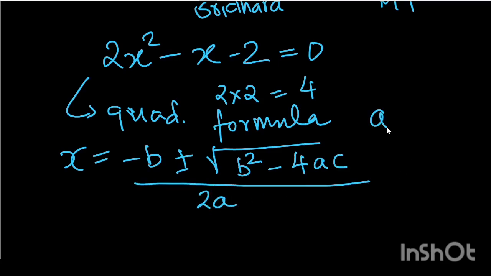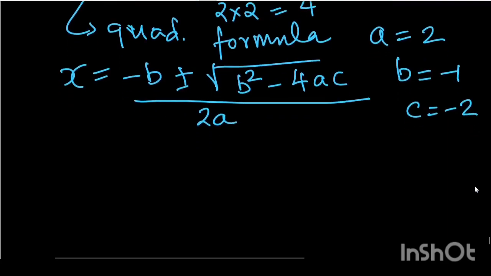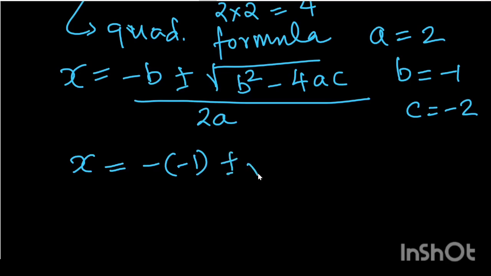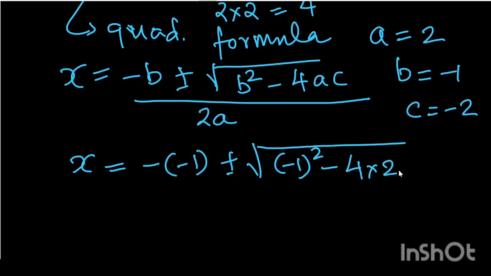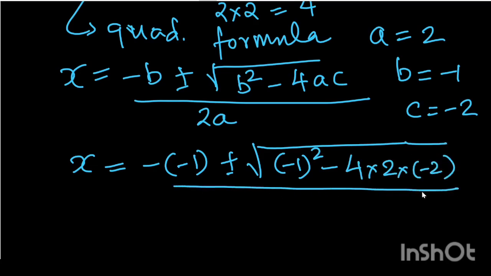So what is a here? a is 2, b is -1, c is again -2. So if you substitute the values of a, b and c, so minus of -1, then b square is -1 square minus 4ac, a is 2, c is -2, upon 2a, a is 2.